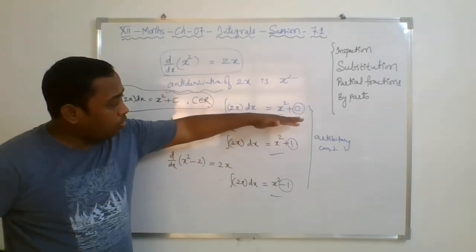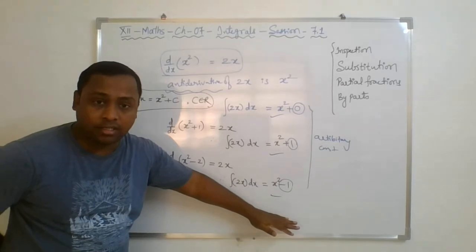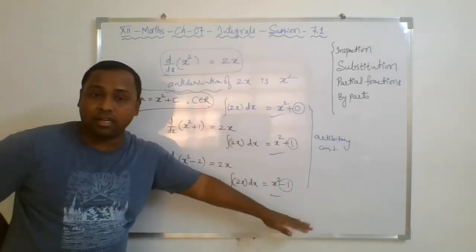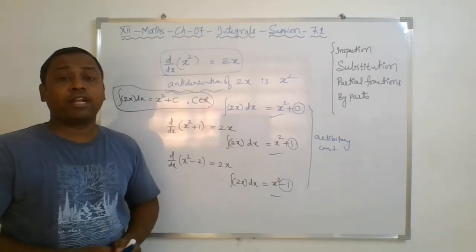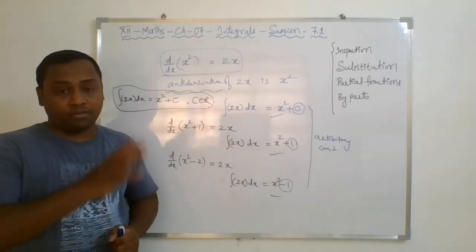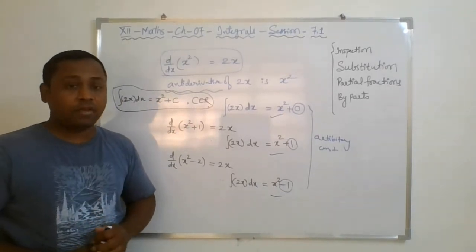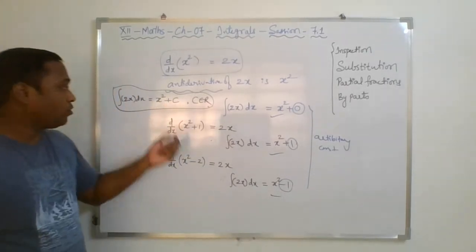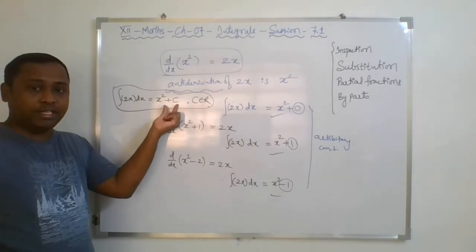So though you are getting various answers, all these integral values represent the same curve, just different by the constant. That's why the constant varies.